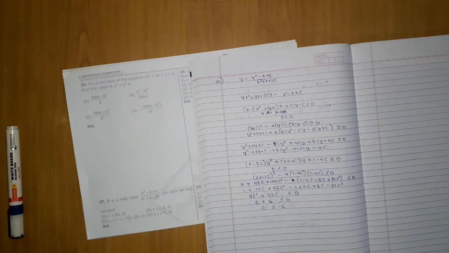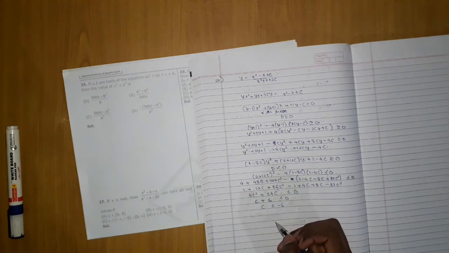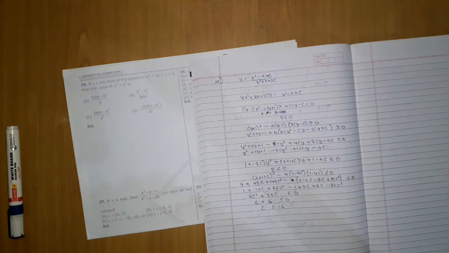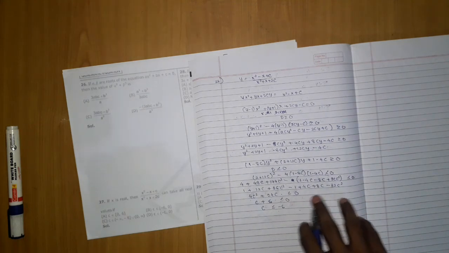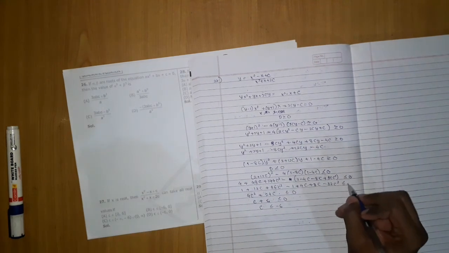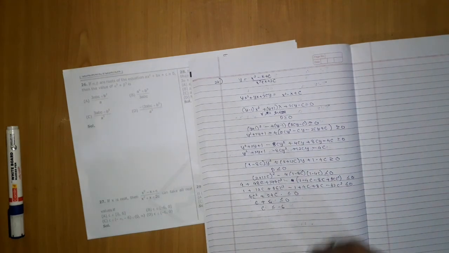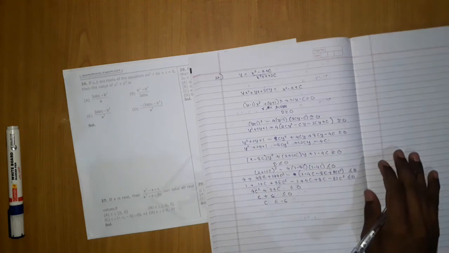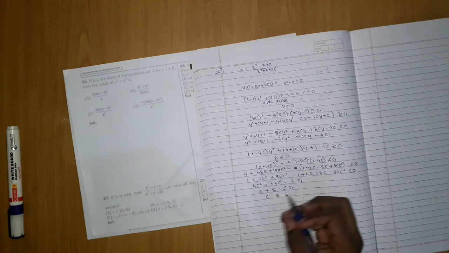c will be less than equal to minus 6. Okay, let me check. We are done with this here, and c should be less than equal to minus 6.